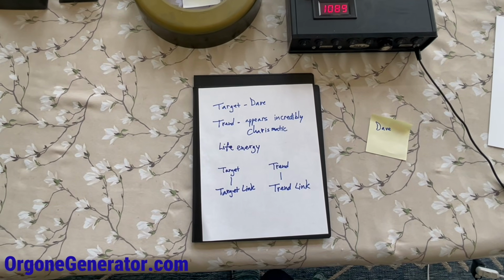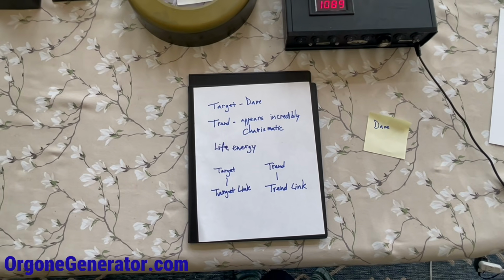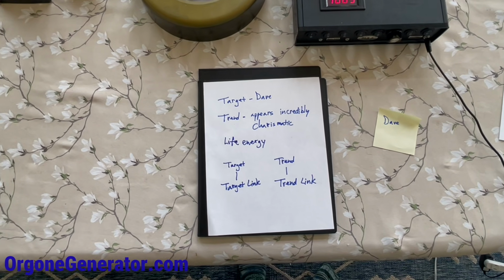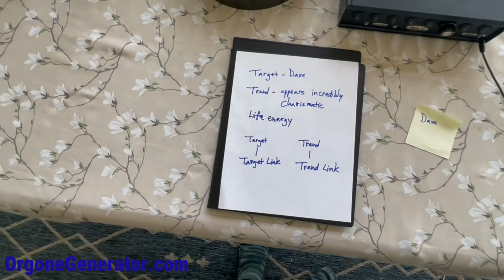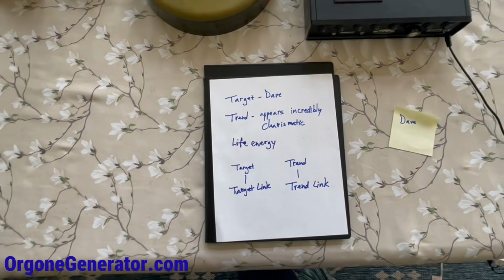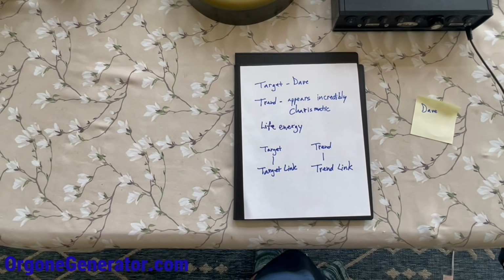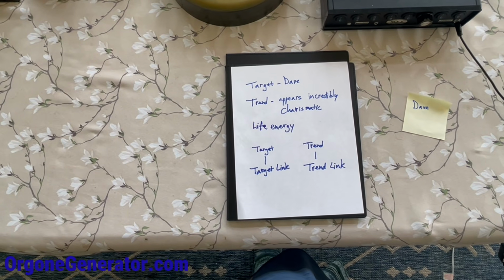And with a target link, for a person I would use their name, or I'd use a picture of them. But I would use multiple target links, and I explained that in another video. And then I would use their mental impression, to help strengthen my connection to them. Okay, and for a trend link, a written statement is fine. Write it for an objective third party.